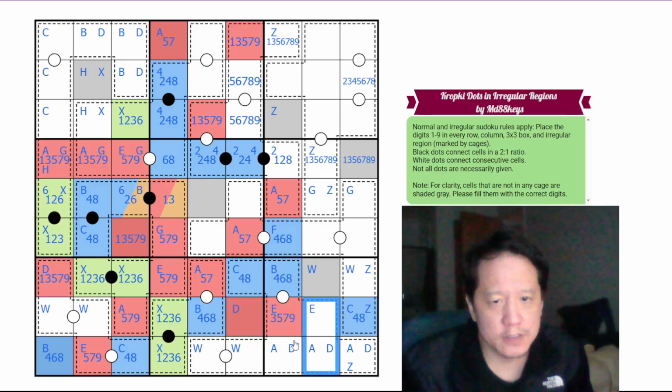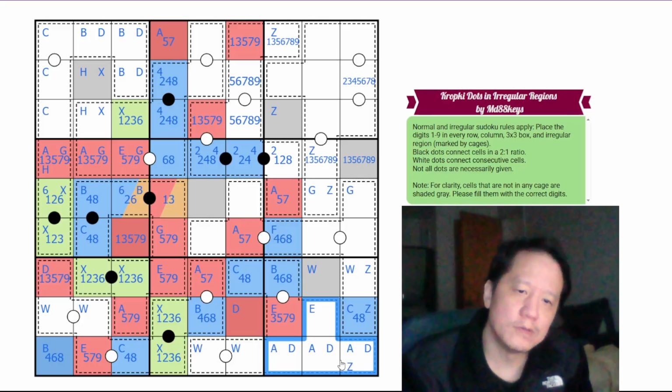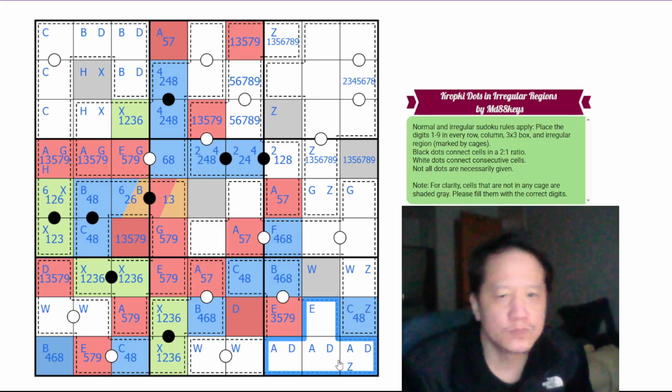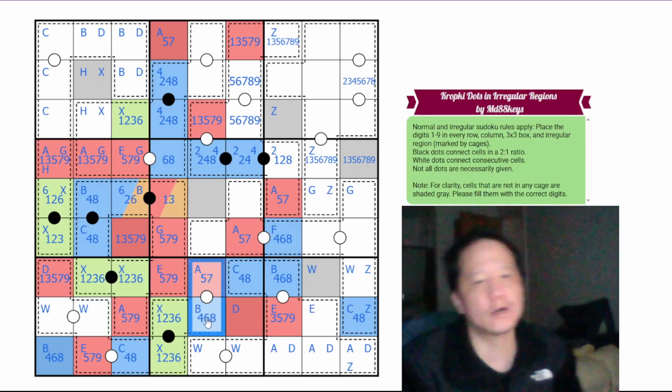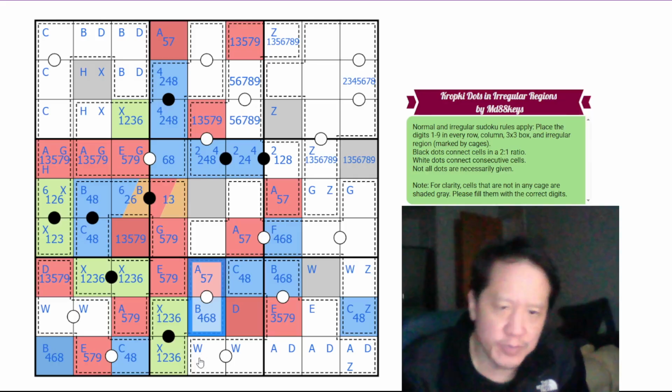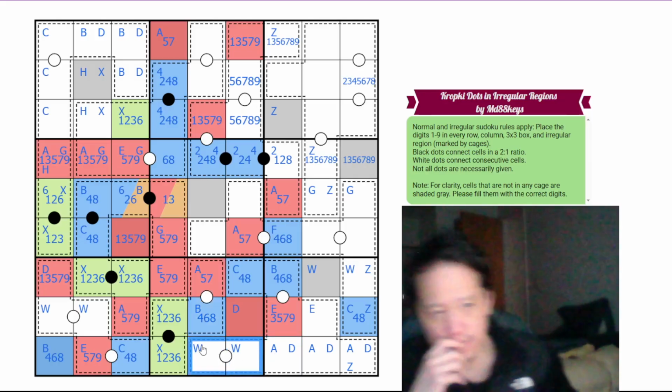So X in both sets have to be here. C and E are consecutive. A and B are consecutive. W is consecutive.